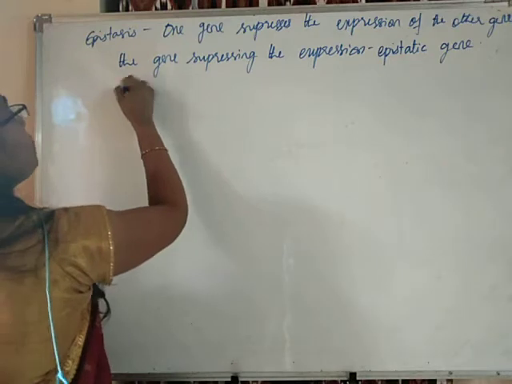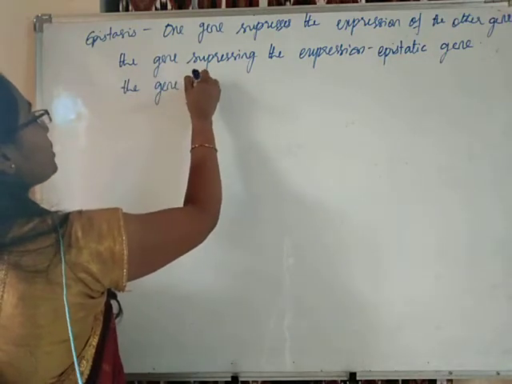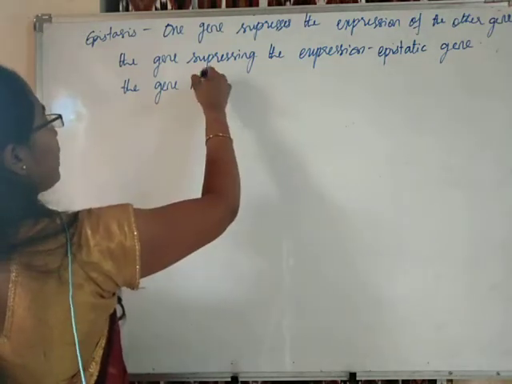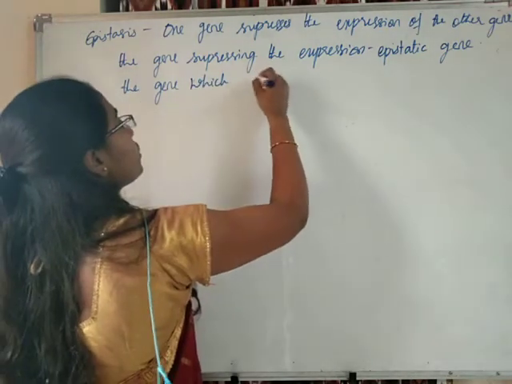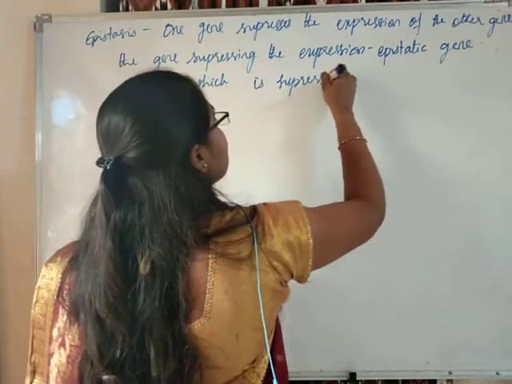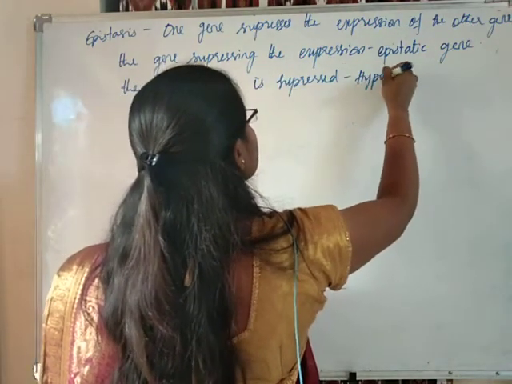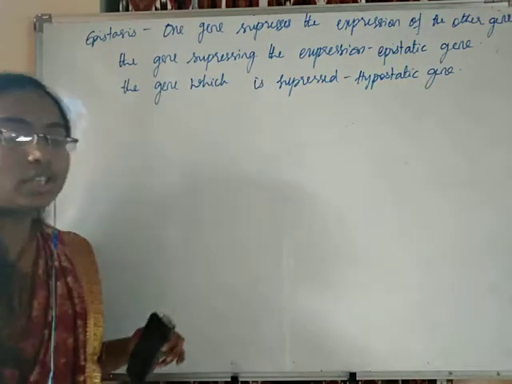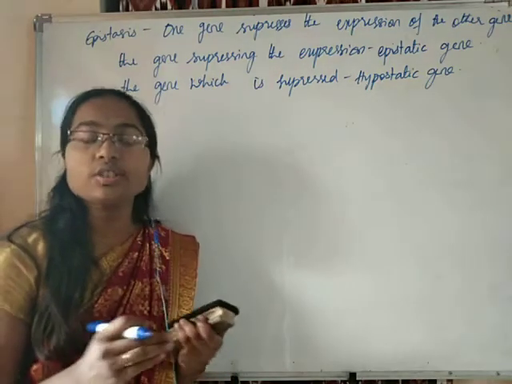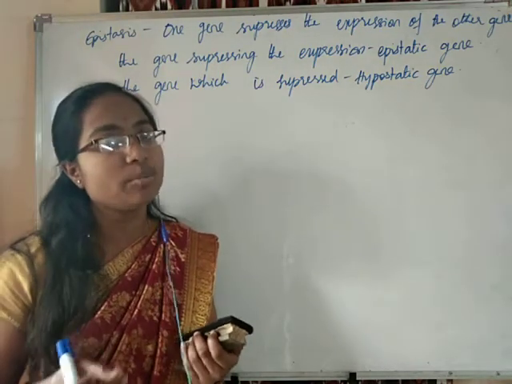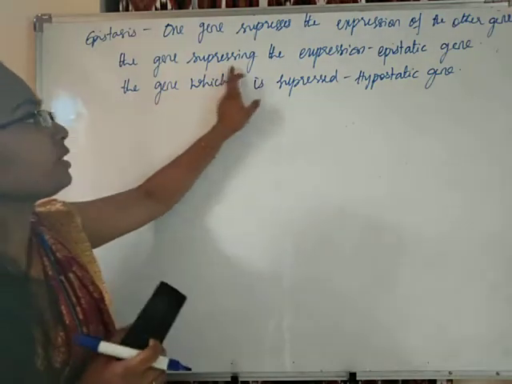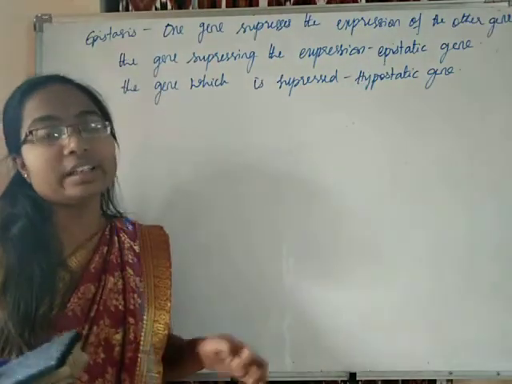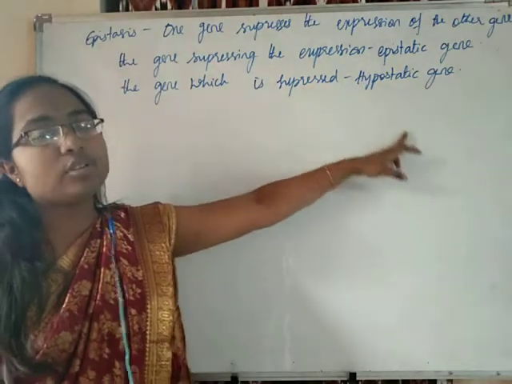The gene whose effect is suppressed is called the hypostatic gene. One type of gene is suppressing the expression of the other type of gene.